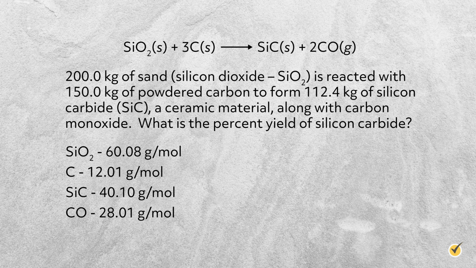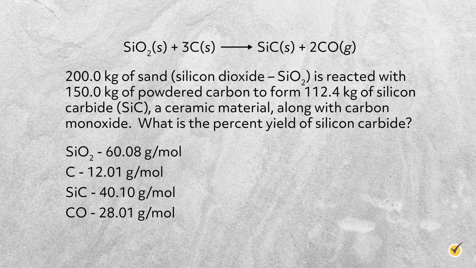.0 kilograms of sand, or silicon dioxide, SiO2, is reacted with 150.0 kilograms of powdered carbon to form 112.4 kilograms of silicon carbide, or SiC, a ceramic material along with carbon monoxide. What is the percent yield of silicon carbide?